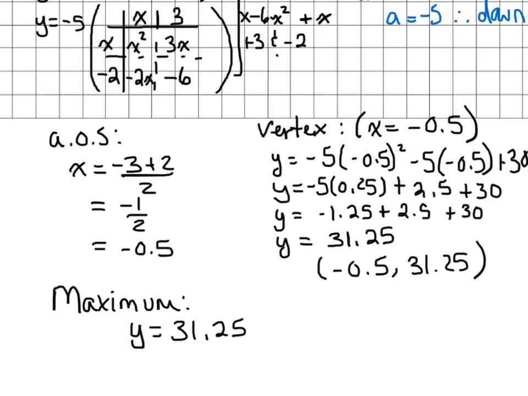And that's really important when we're answering real-world questions, such as if a ball's being kicked, or thrown, or a rocket being launched, or a diver diving into a swimming pool, is that we can answer questions about the path of this object if our equation that we're given is in standard form. And all we are doing is algebraically manipulating it in order to find out information about it.